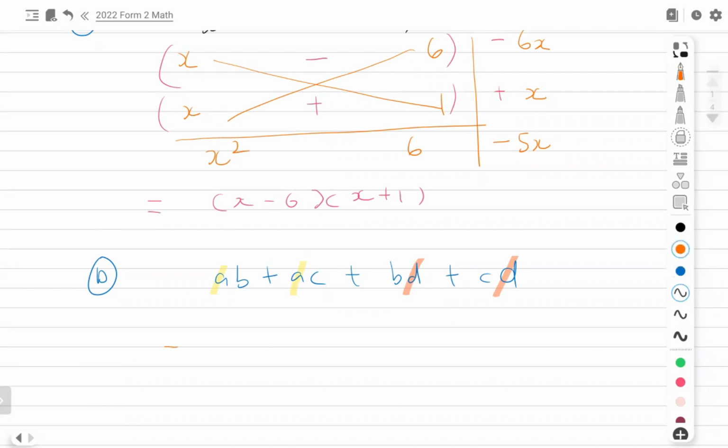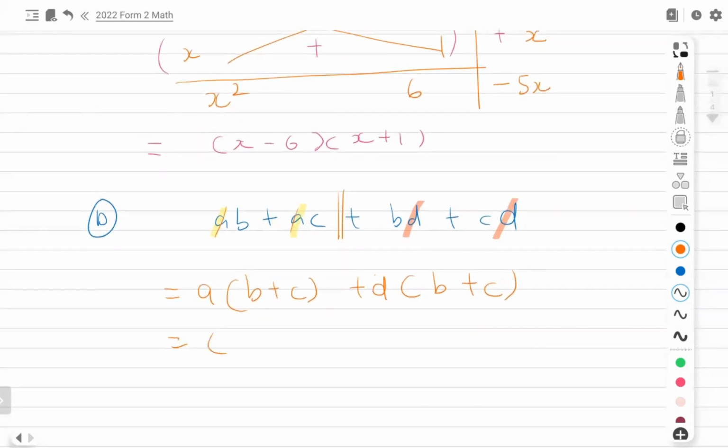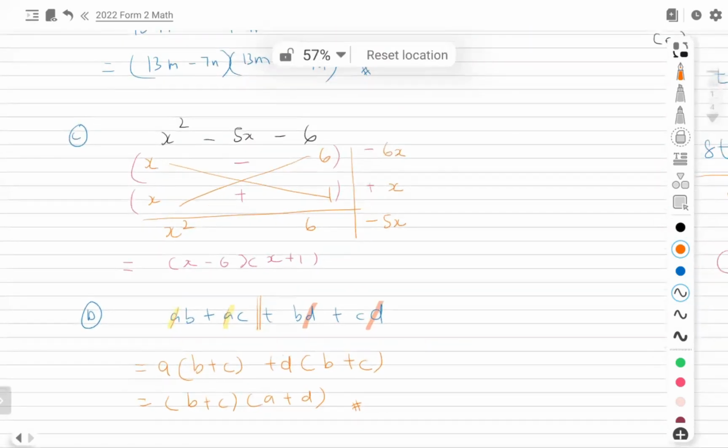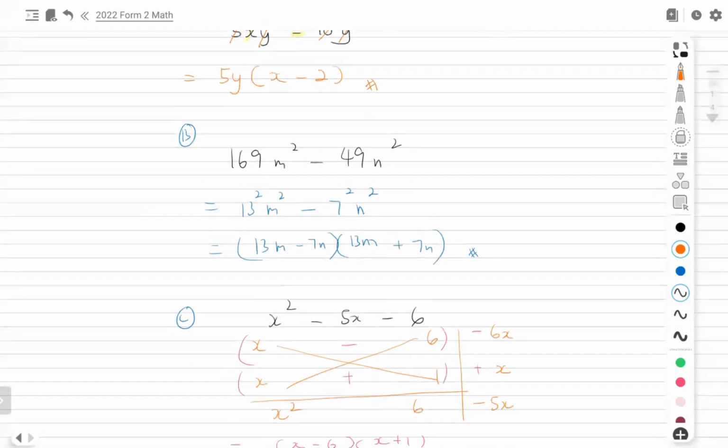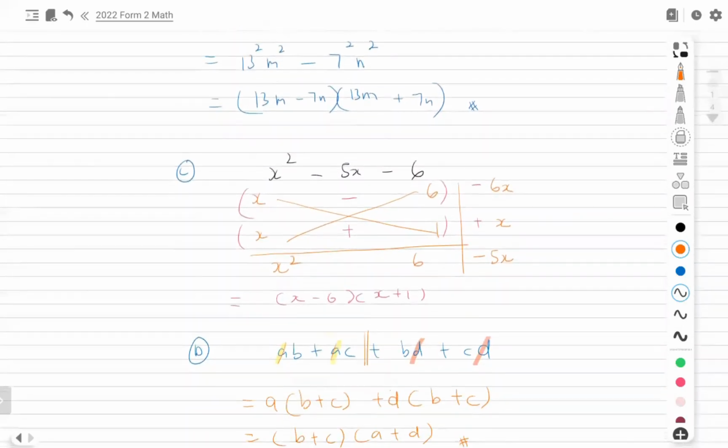Equal to A bracket B plus C, that is right. Then positive D bracket B plus C. Last step, B plus C, then A plus D. So in short, there are 4 types of factorization: simple one, perfect square, 3 terms and 4 terms.